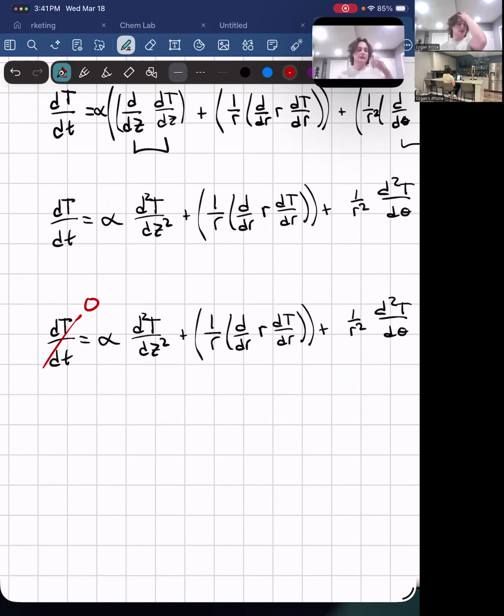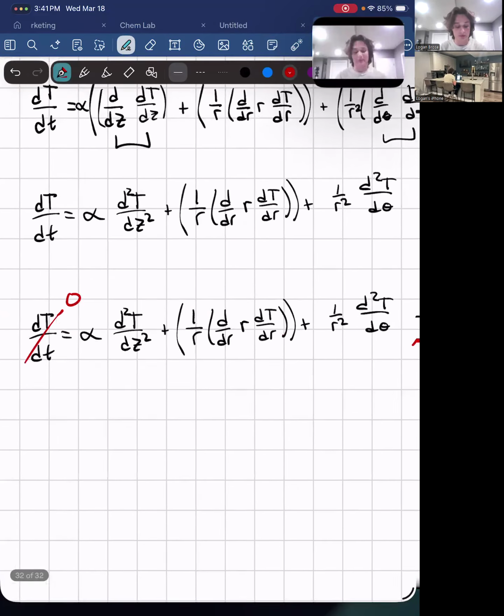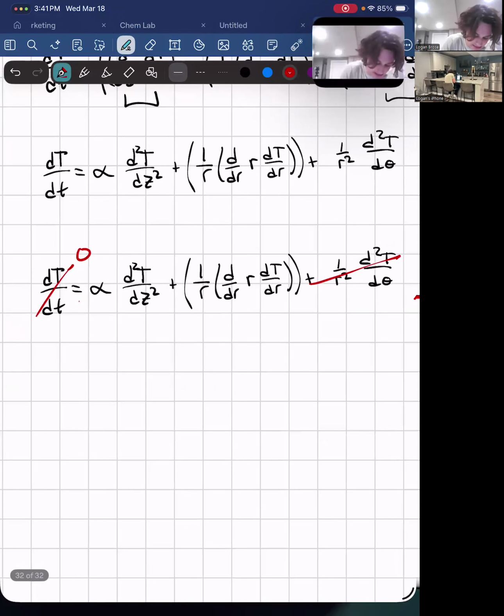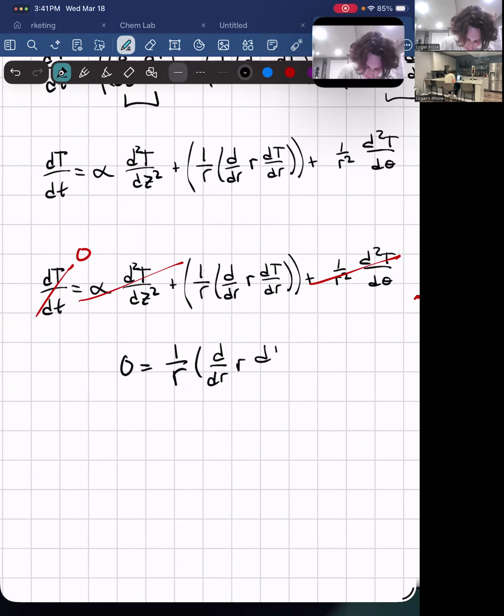And when we look at this, it's only asking about the radial direction. So we can negate these terms here, and we get 0 equals 1 over r d dr of r dT dr. So this is our equation.